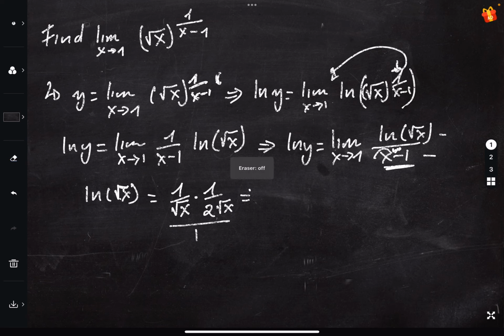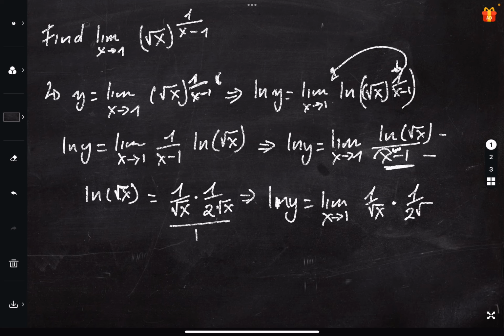Next thing, I can just do, I remember. So now I'm going to rewrite the full equation here. I have the limit as x approaches 1 of 1 over square root of x times 1 over 2 square root of x.